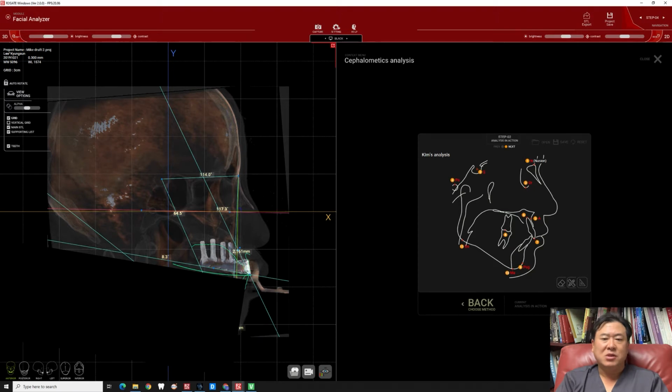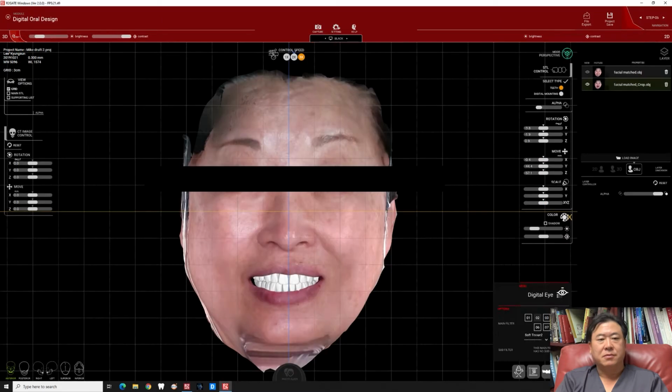Her maxilla was neutral, not prognathic or retrognathic, and the central incisor angle was slightly proclined. The occlusal plane angle in relation to the Frankfurt horizontal plane was good, and it should be around 8 degrees, and it was.